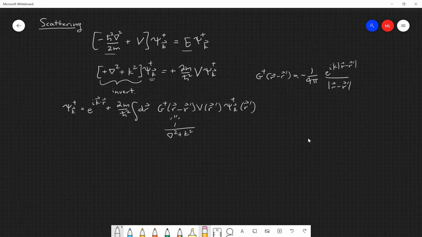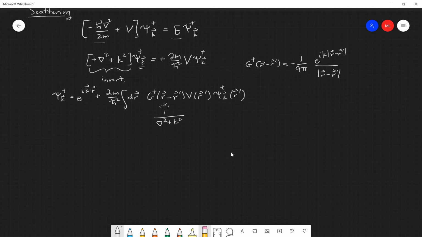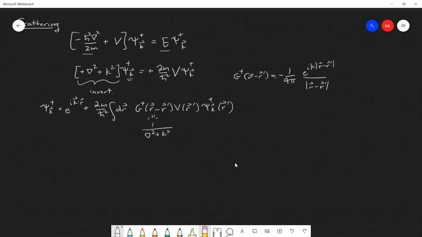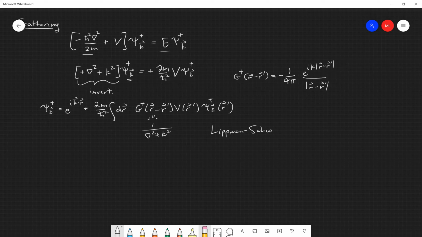Okay, so if we don't write this out in coordinate space, we can of course write the same equation. And again, this is called the Lippmann-Schwinger equation.